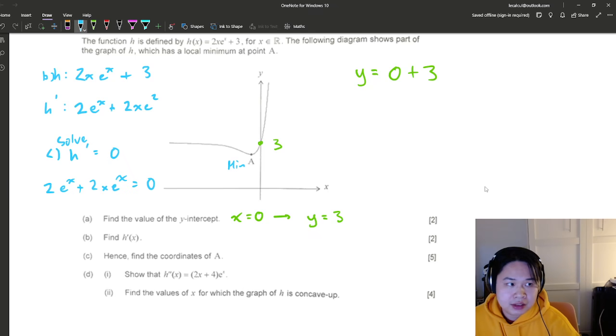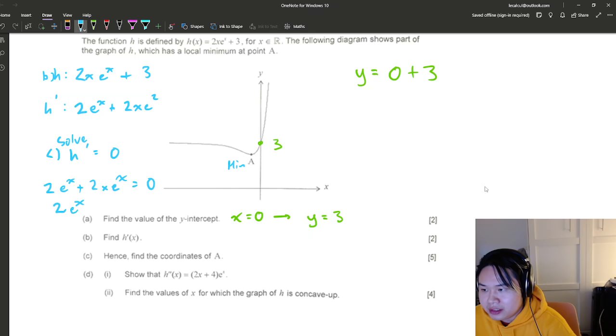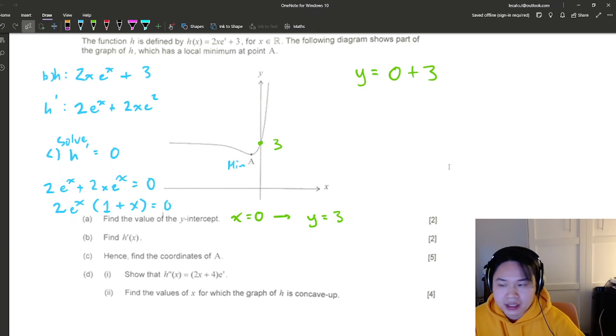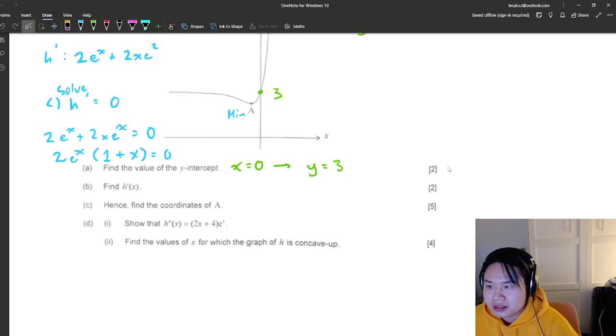And then from here, you can try to solve this by factoring, most likely. We can factor out 2e^x, and then you'll have 1 plus x equals 0. Okay, so from here, there's only one solution for this being 0, and that is from this factor right here. So x needs to be equal to -1.